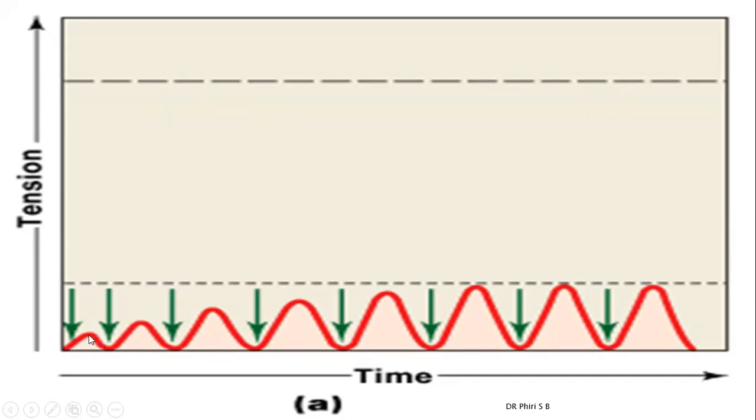But if you don't waste much time and you stimulate this muscle fiber again, there'll be some calcium that will remain within the sarcoplasm. So that residual calcium plus this stimulation that is also stimulating more mobilization of calcium, the concentration of calcium will be more as compared to the previous one. That will stimulate a stronger contraction. So the second contraction will be stronger as compared to the first one. So it will form a staircase. So this is called treppe.